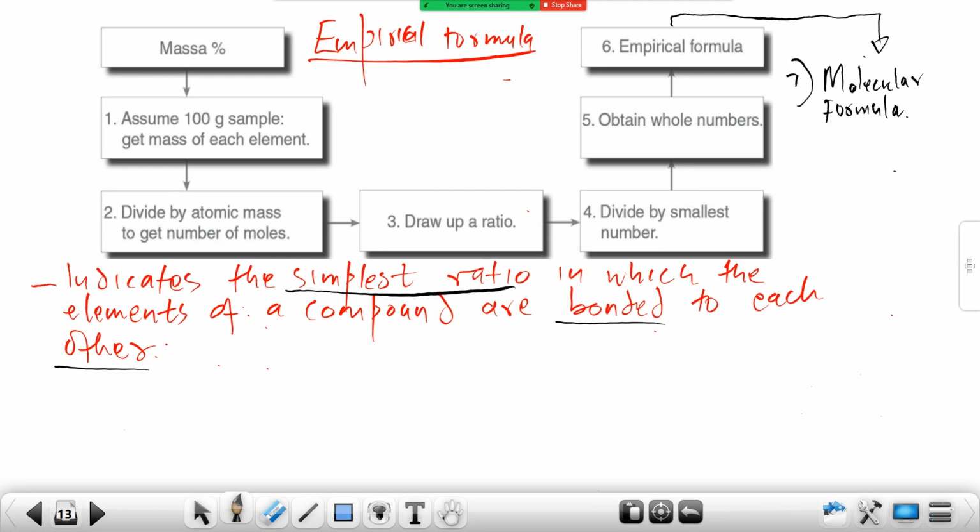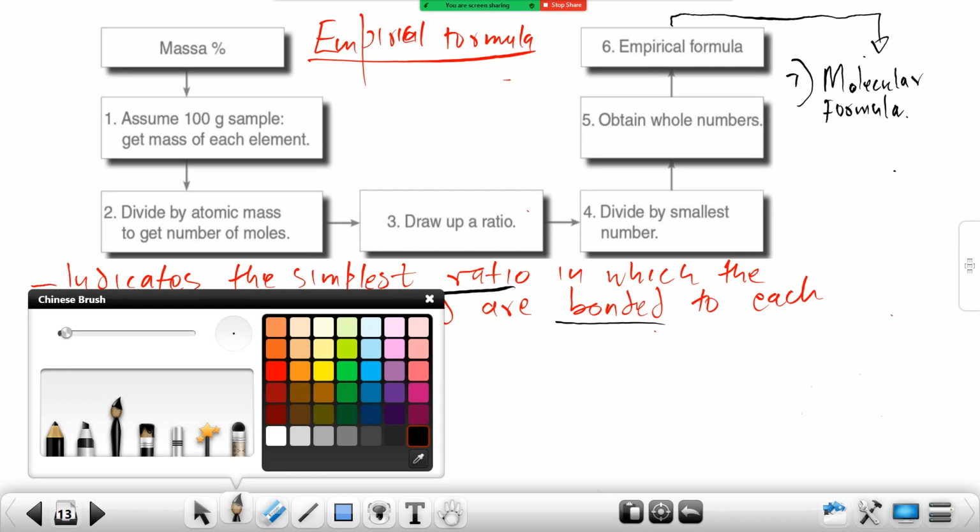The question might not necessarily want us to work with empirical formulas. The question will be: determine the molecular formula from this particular information that will be given. So it means you must perform all the steps from 1 up to 6 and then add number 7.